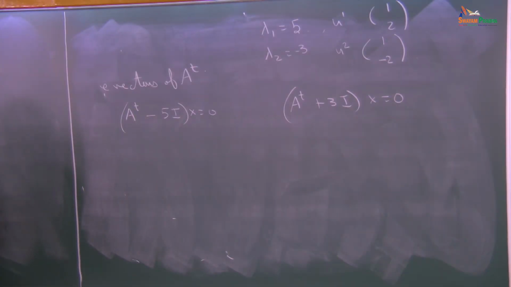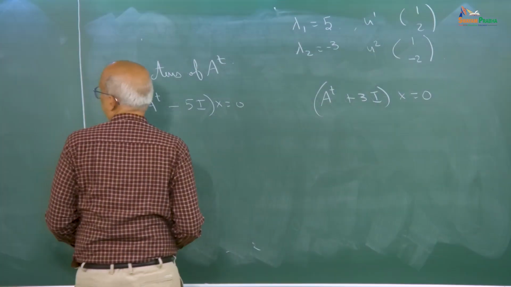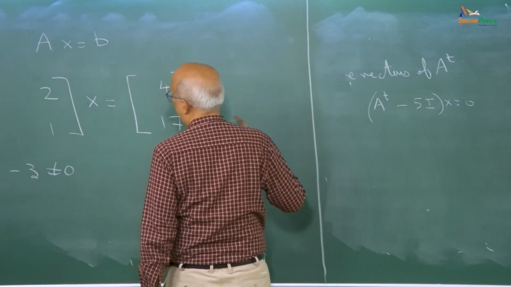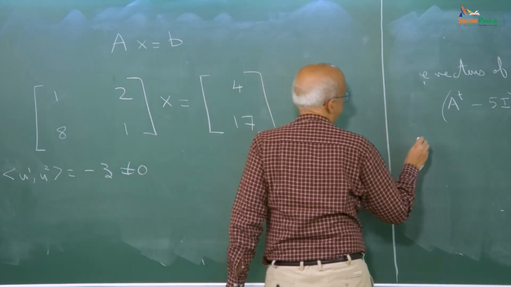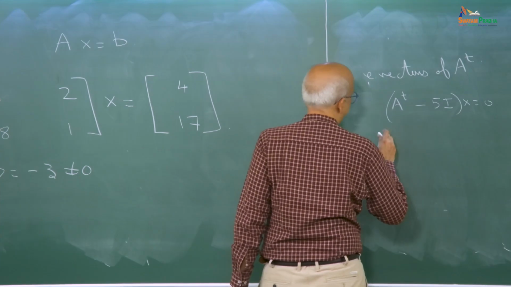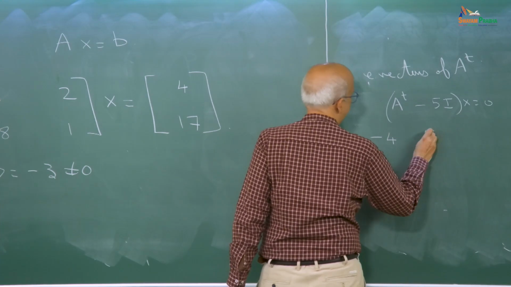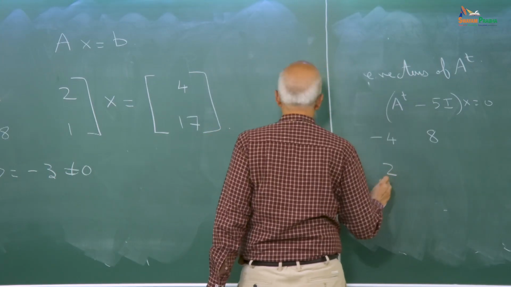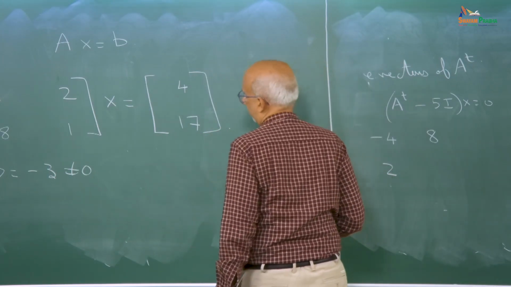I have to solve A minus lambda I x equal to 0. So, A transpose is, let me write it here, this is 1 8 8, this is minus 4 and 8 will come here and 2 will come here. I am subtracting this, so I am getting minus 4.